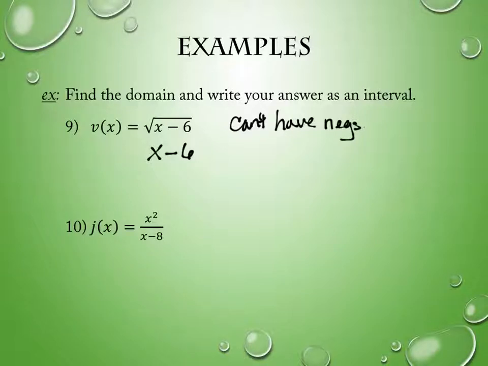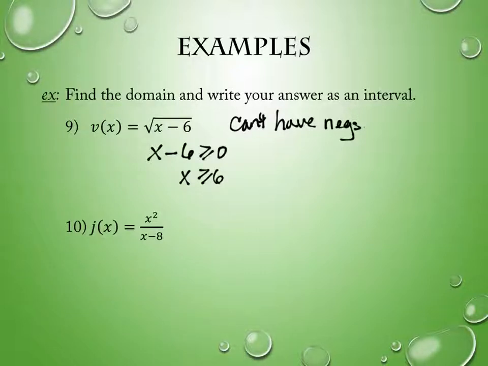In particular, we could have positives, or even we could have 0, right? What's the square root of 0? 0, right? Square root of 0 is 0. So I need whatever I have underneath my radical to be positive or 0. So what would this solve to being? 6, right? Yeah, I would add the 6 to both sides, so this is greater than or equal to 6.